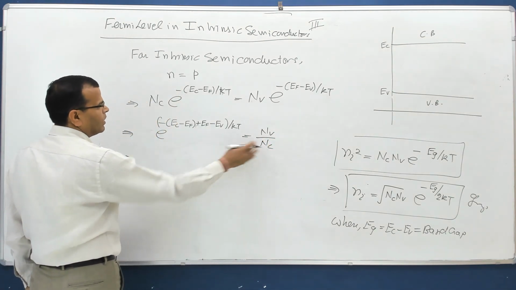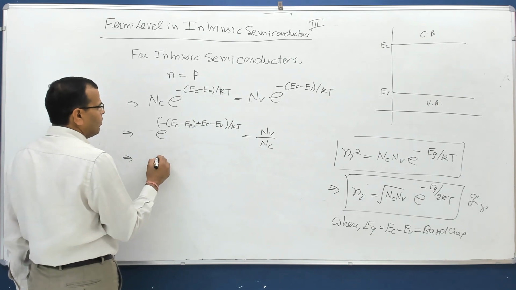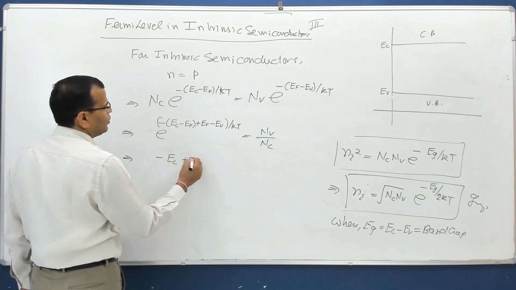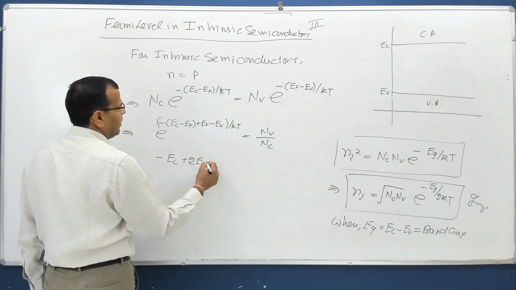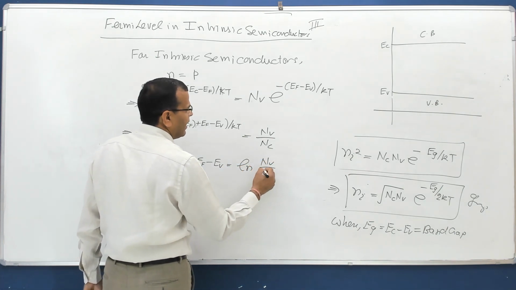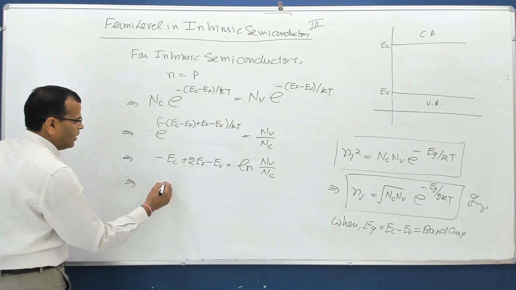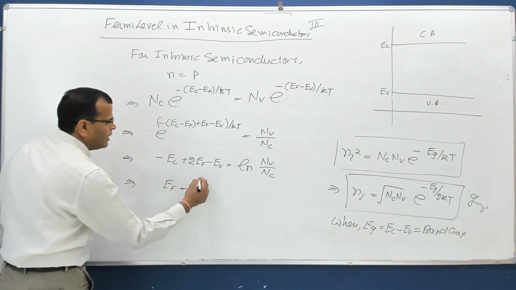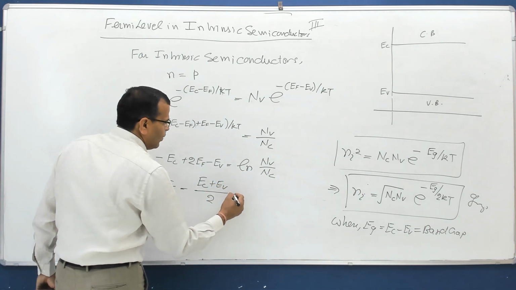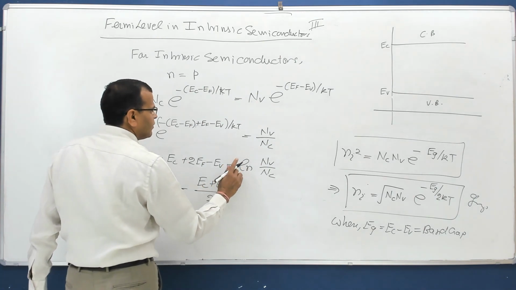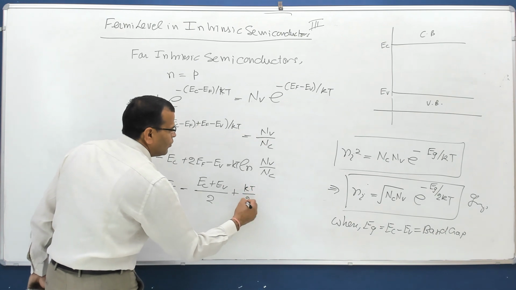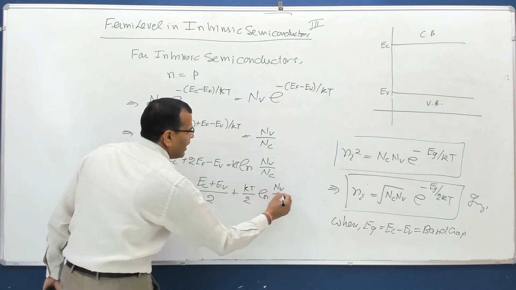You can take it on that side, that you can take log on both sides, natural log on both sides, minus Ec, then plus 2Ef minus Ev is equal to natural log of Nv by Nc, or this gives Ef is equal to Ec plus Ev by 2, and I'm sorry, Kt as well here, plus Kt by 2 ln Nv by Nc.